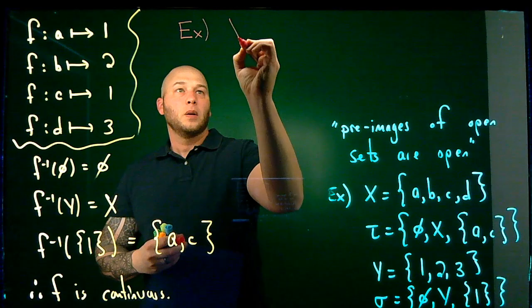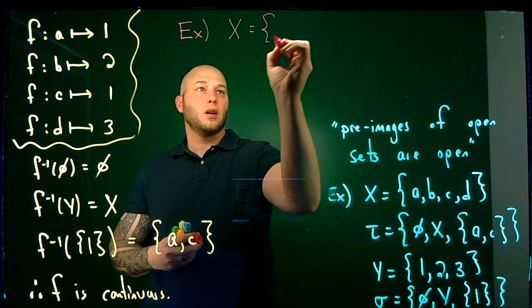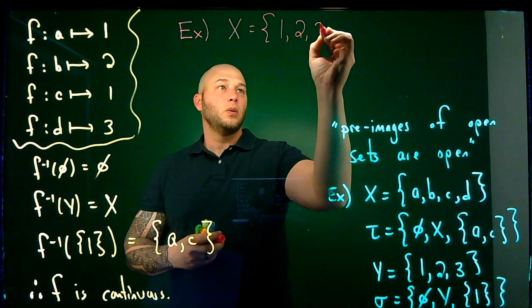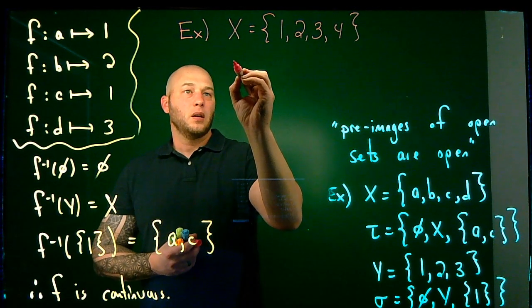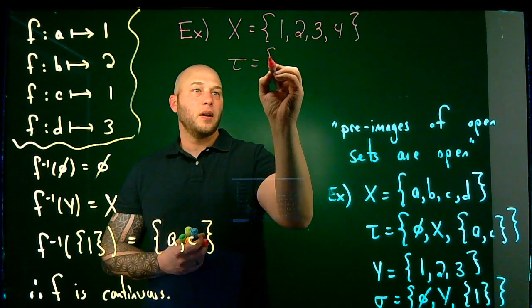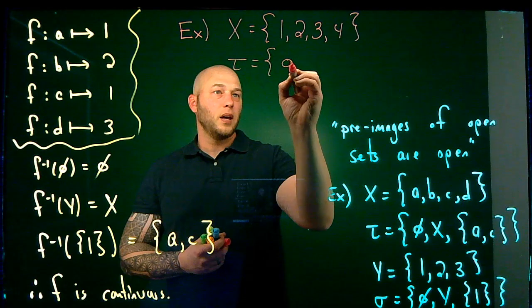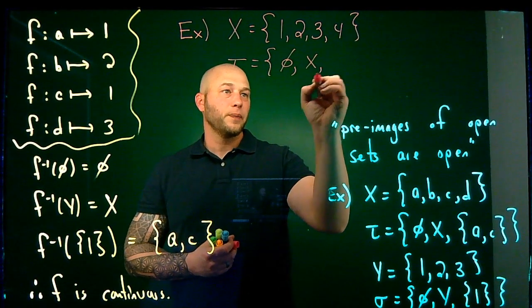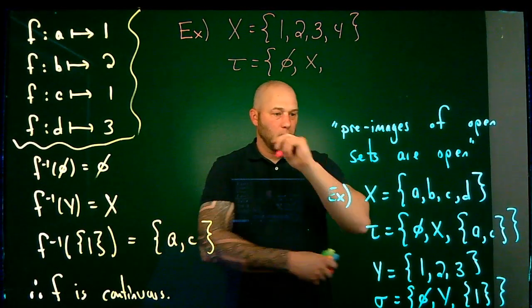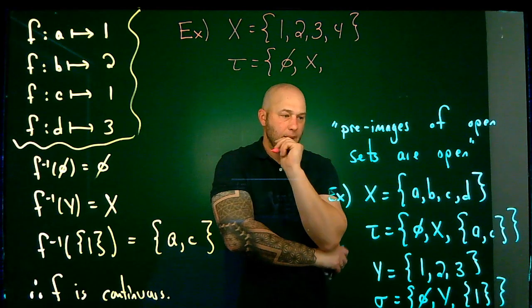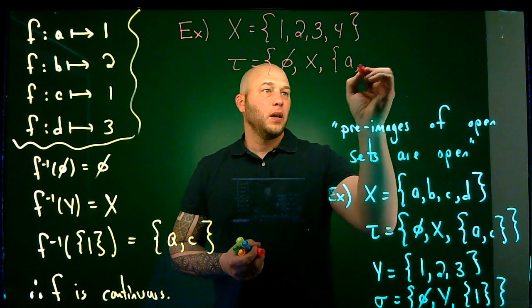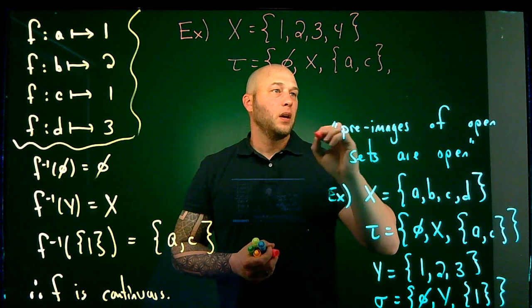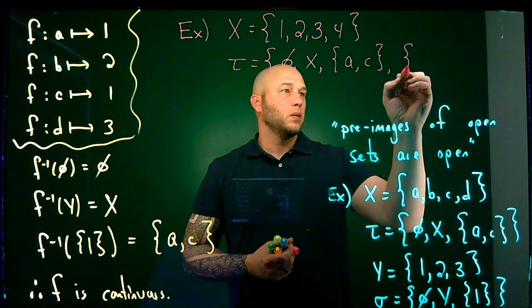Okay. Let's say my set X consists of 1, 2, 3, and 4 again. Let's say the topology on that is going to be the empty set, X, and then let's do A, C, and then we'll do the singleton A.